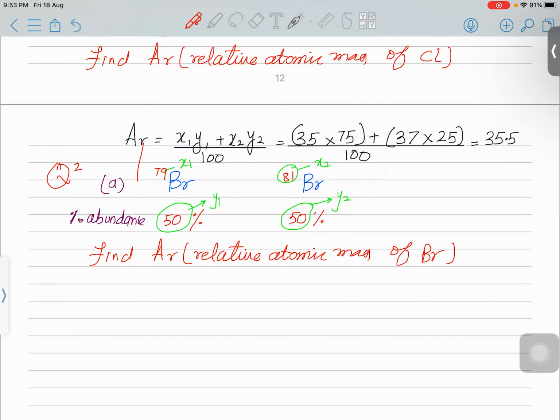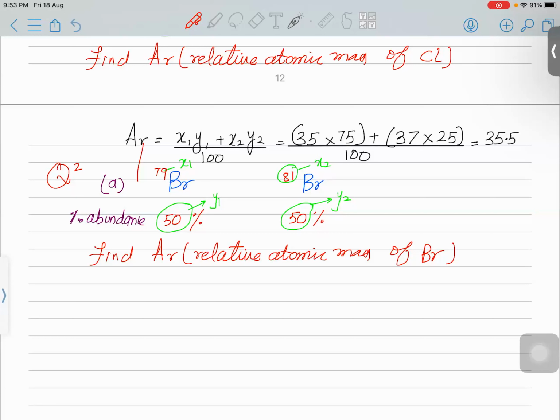Sir, can you tell again what does abundance mean? Do you have fruit in your fridge? Are they abundant? Abundant means many, a lot.